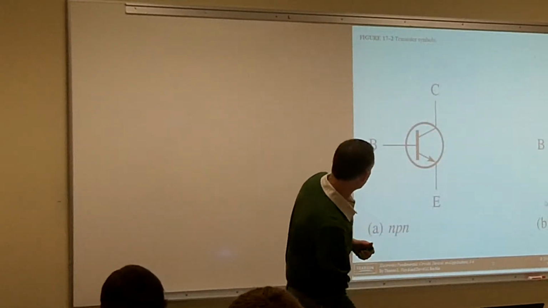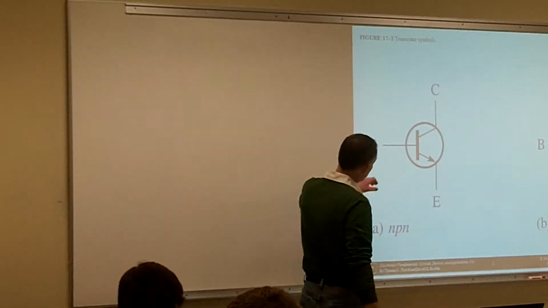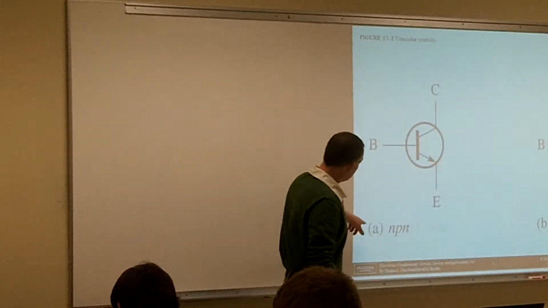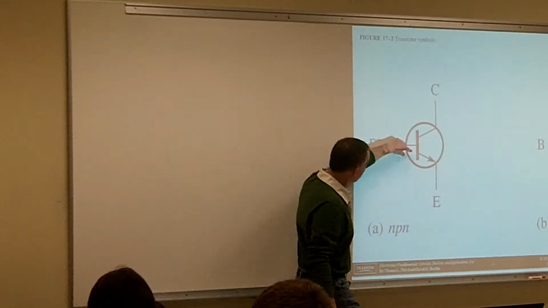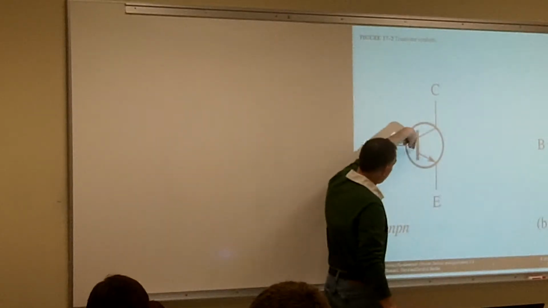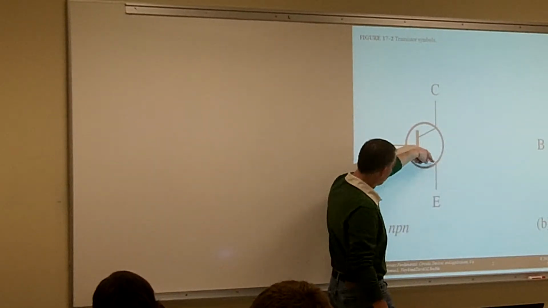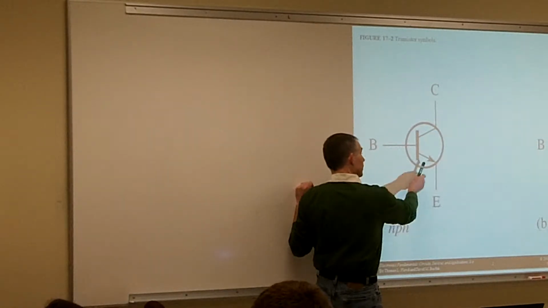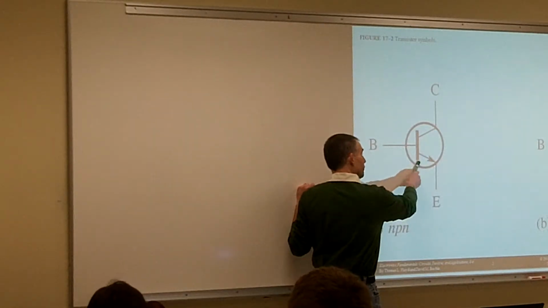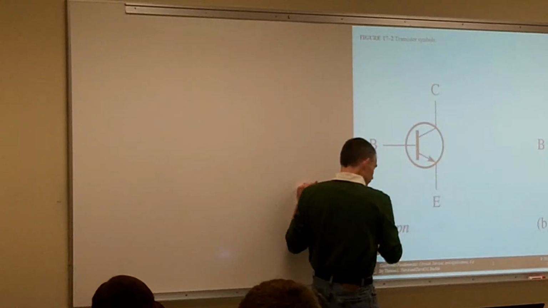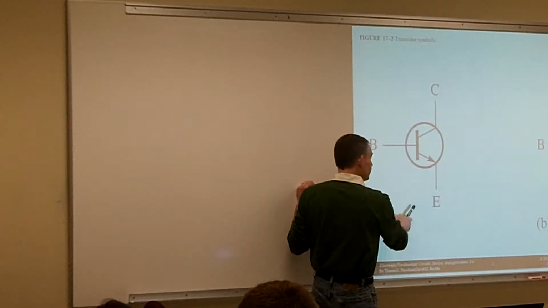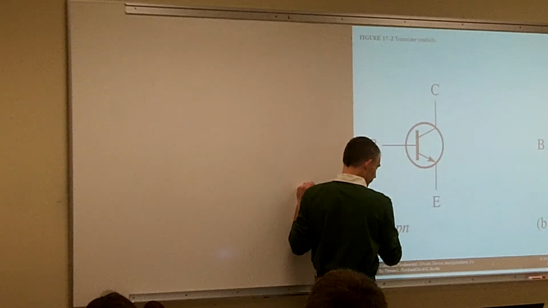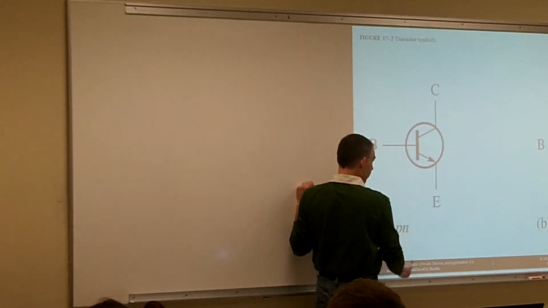So here are our two symbols that we're going to be seeing on our schematics. The NPN, and one way to remember it is that the arrow is pointing out. If you're looking at a schematic and trying to figure out whether it's an NPN or a PNP transistor, we use a little abbreviation: not pointing in.